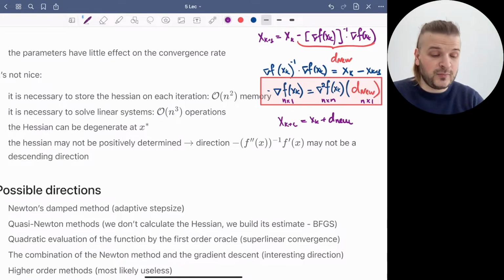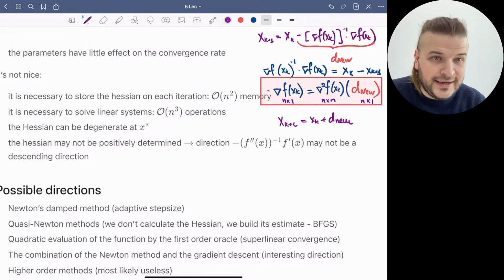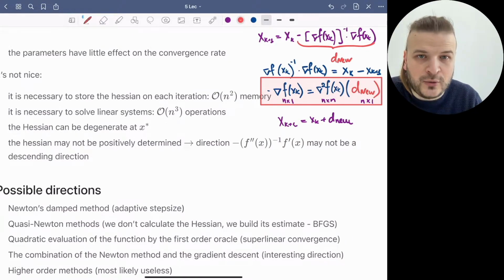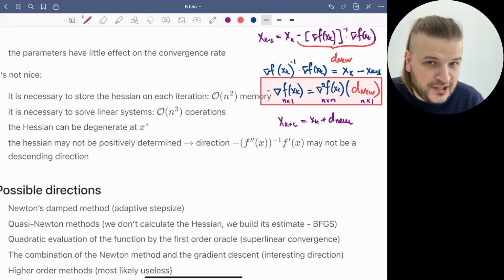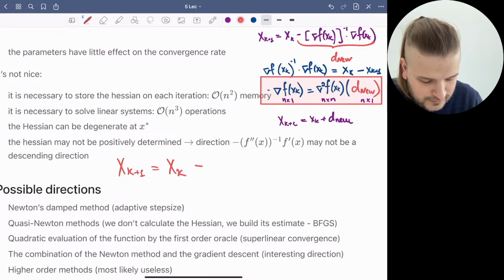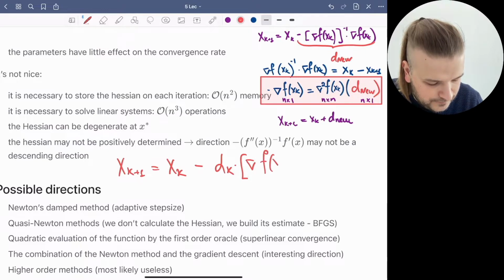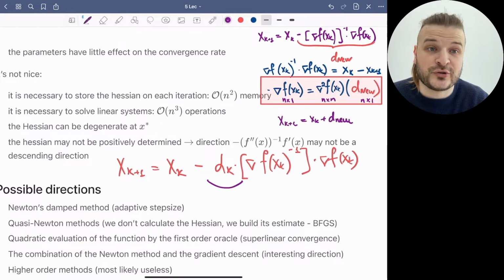And there is one more interesting idea which is often applied when we are talking about the Newton method. That's what is called the damped Newton method. Let's write it down here. What is the damped Newton method? That's the classical Newton method, but with some additional hyperparameter which is called step size here.